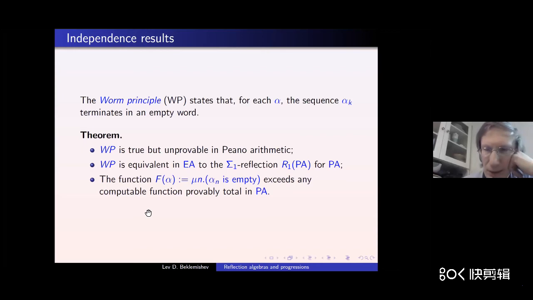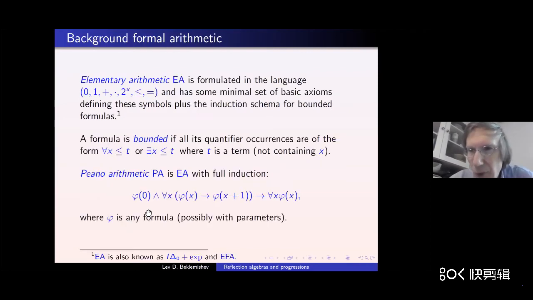Okay, so that's kind of an illustrative example, but let me now add a few more slides of background on arithmetic, because it will play a role in what follows. So what is Peano arithmetic? We work in first order logic, where the language consists of two constants, 0 and 1, functions plus and times, and the third function 2 to the x, exponentiation, as well as predicates less than and equal.